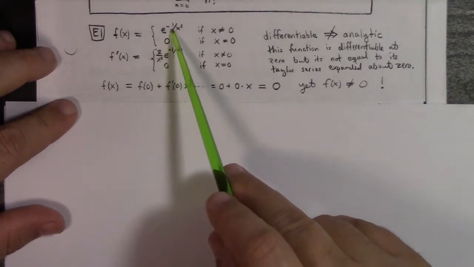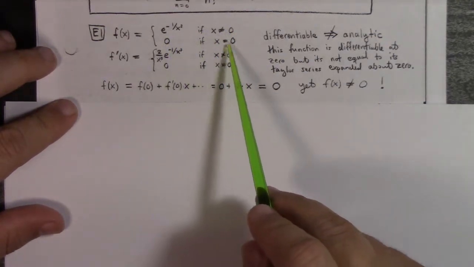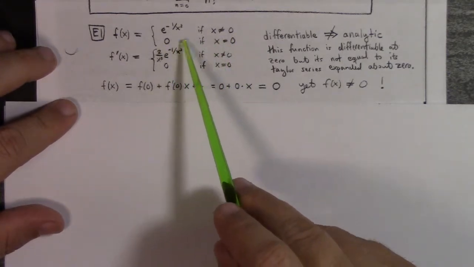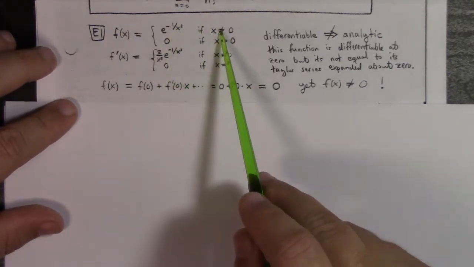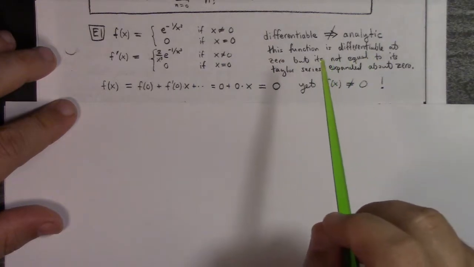You do e to the minus 1 over x squared if x is not equal to 0, and 0 if x is equal to 0. So you could also make it e to the minus 1 over x squared if x is positive, and 0 if x is negative or 0. That would work just the same.